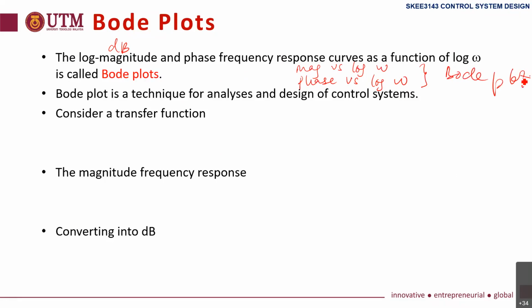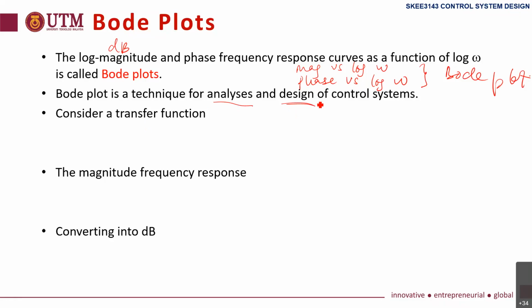Bode plot is one technique for analysis and design of control systems. Similar to the time response and the root locus, in which you can analyze the system, you know whether the system is stable or not, and then we can use it to design a PID. Bode plot is the same.